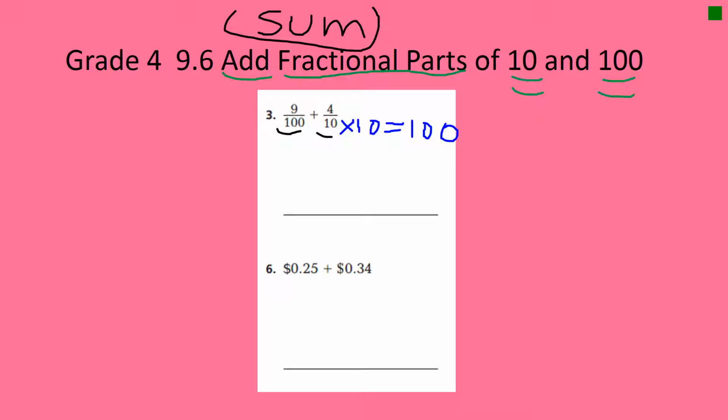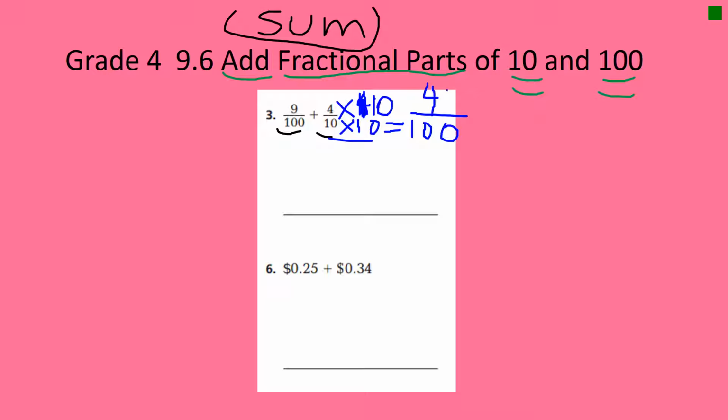And if I multiply that denominator by 10, I have to also multiply the numerator by 10. Sorry about that. So I have to multiply the 4 by 10 because I can't just make this 10 times bigger and just say, yeah, it's still 4.